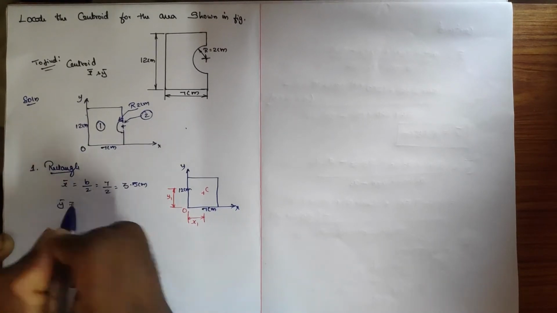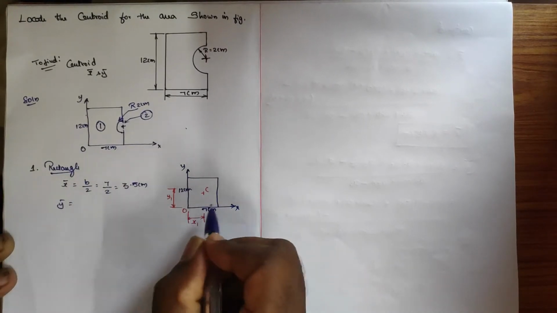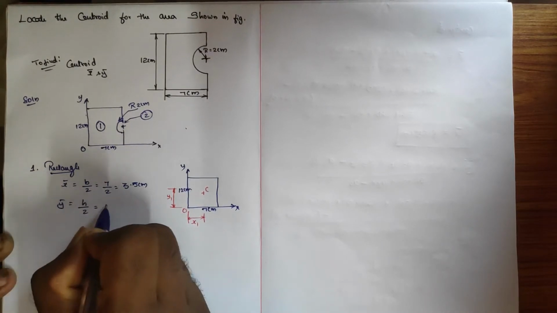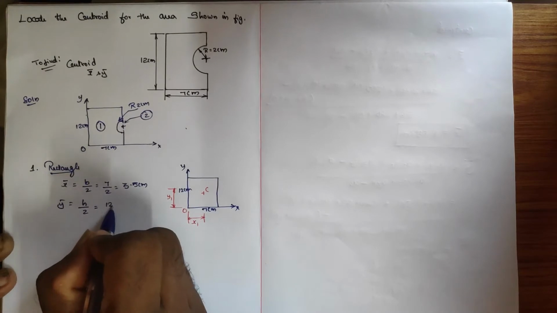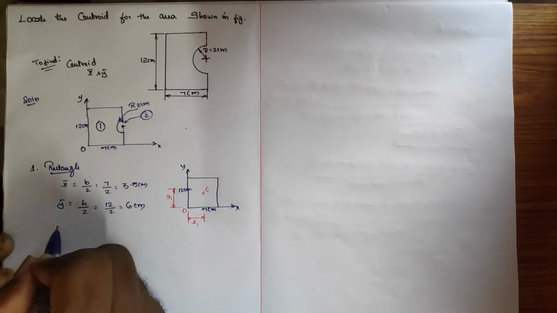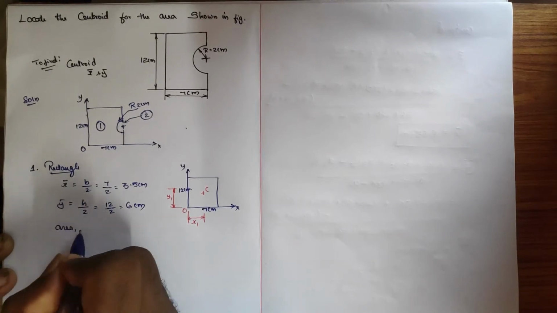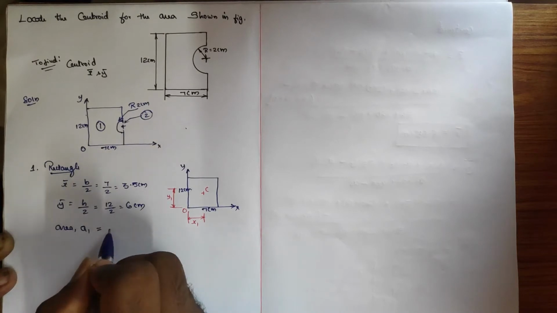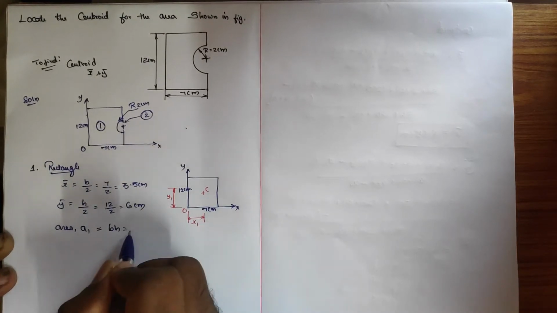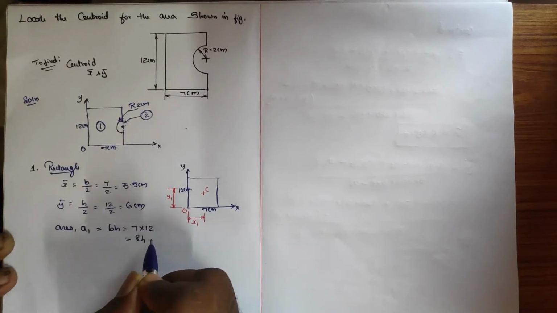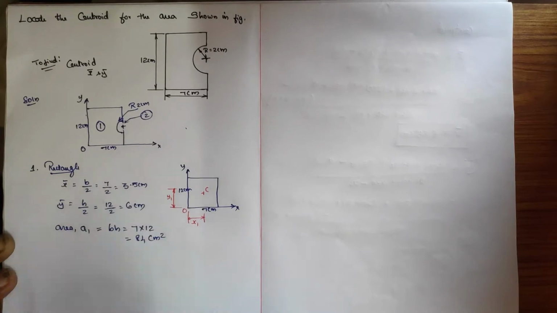Y bar, here as well from the O, the self-centroid is h divided by 2, so 12 divided by 2, that's 6 centimeter. What about the area A1, the area of the rectangle, which is nothing but length into breadth, BH. So 7 into 12, we get 84 centimeter square.